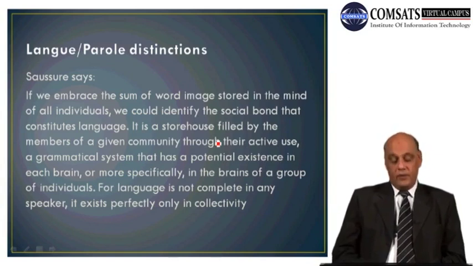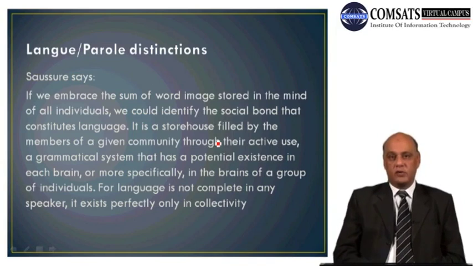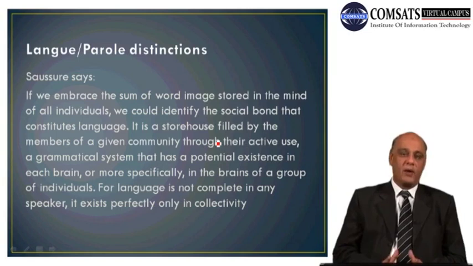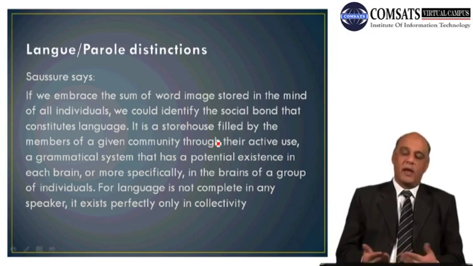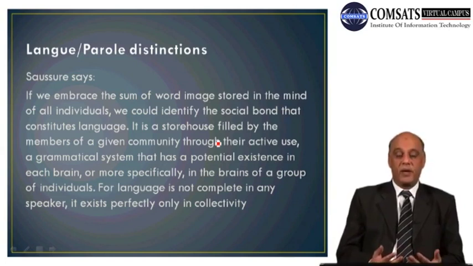So it's not like a language stored in one mind is taken as the overall language of the whole society, but it's in fact a combination of different sounds or different images stored inside the brain. Then you can form a language. Then you can decide that yes, this is a language, because it is a combination, basically.